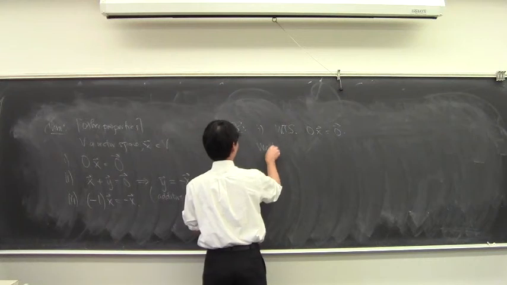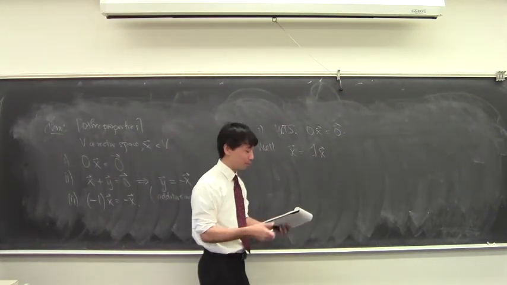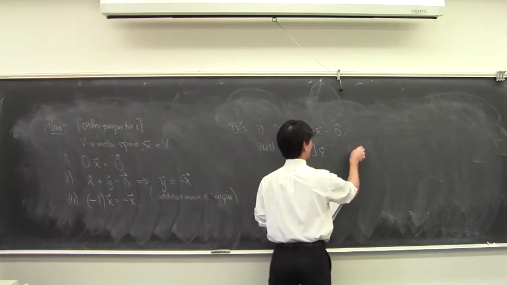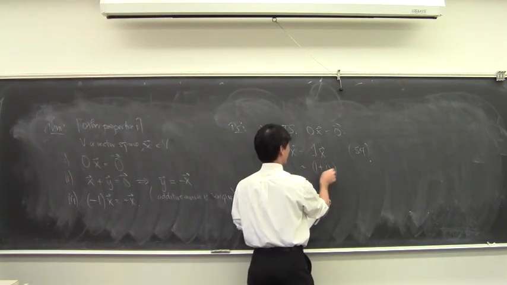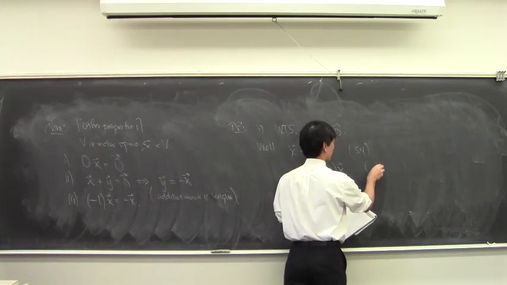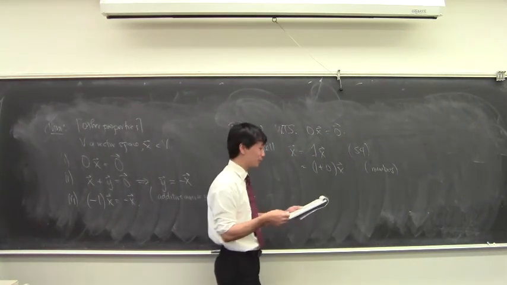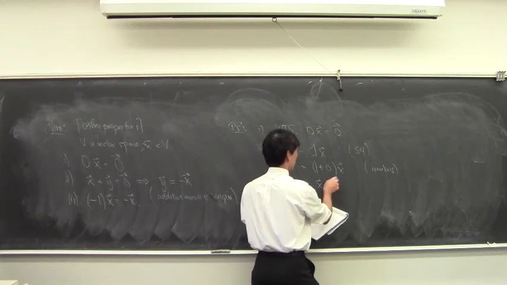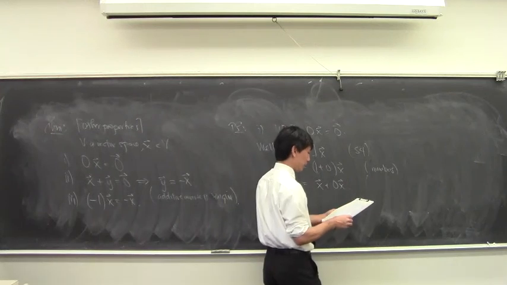Say, well, x is 1 times x by axiom S4, which is the same thing as 1 plus 0 times x, just by numbers. 1 and 1 plus 0 are the same thing, of course. So that is x plus 0x by the distributive property, which was S2.